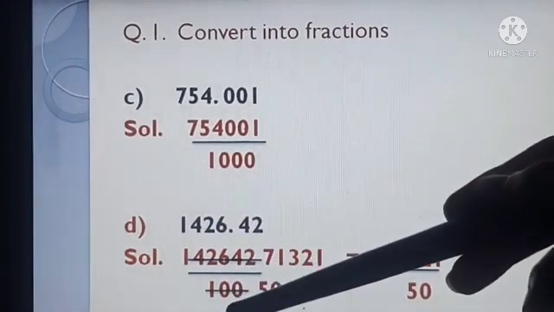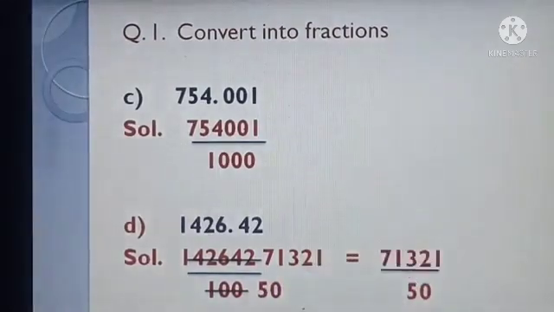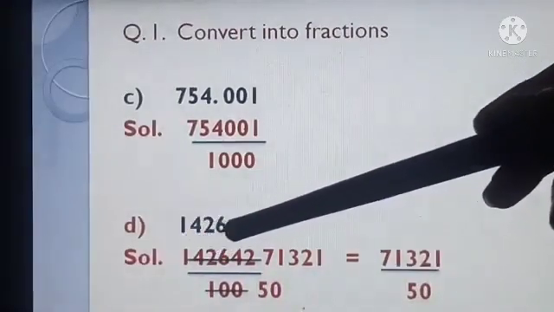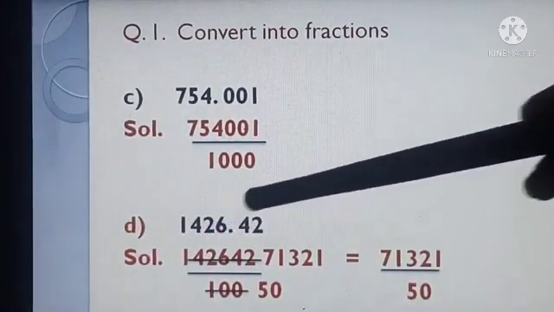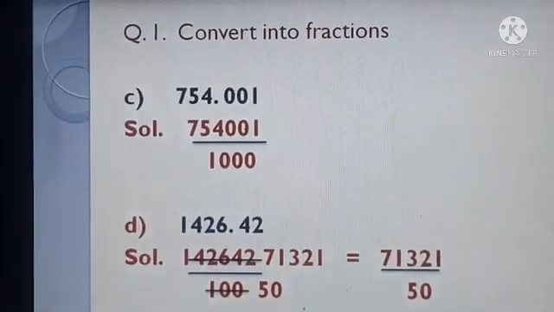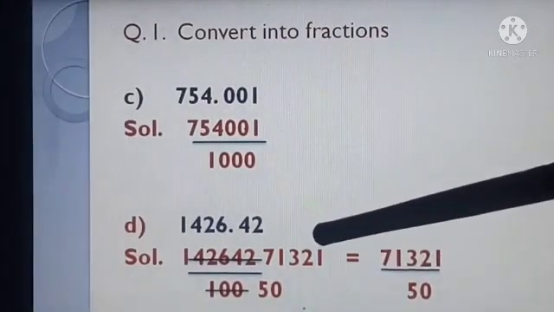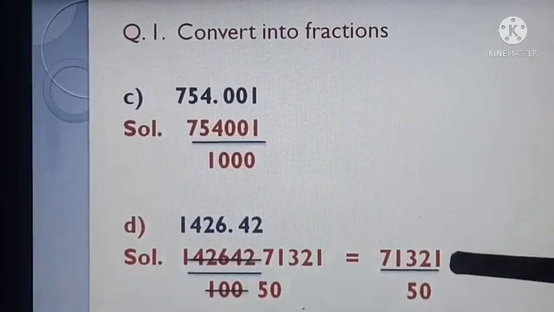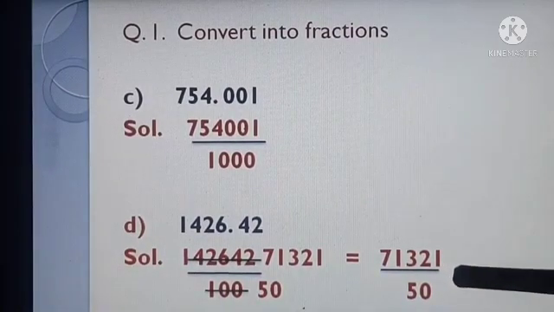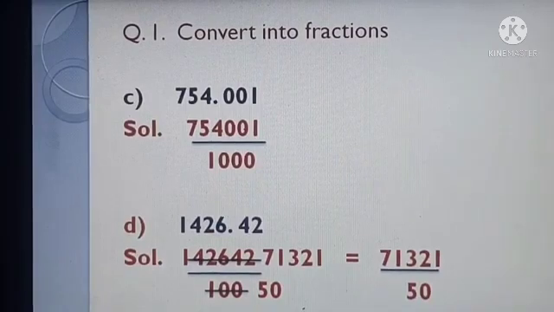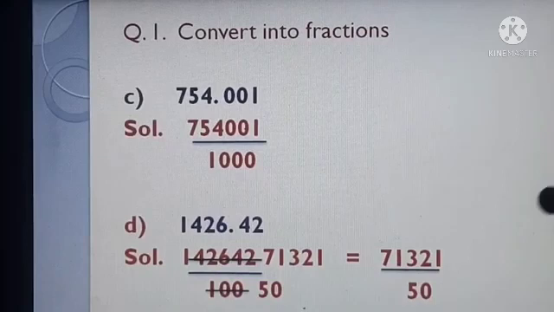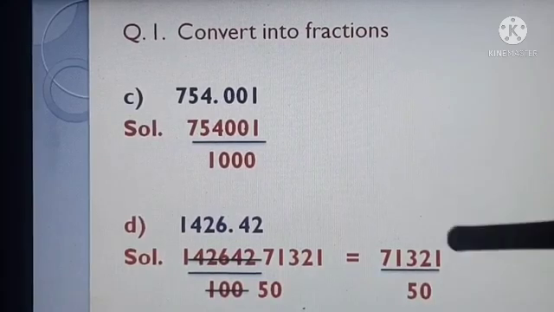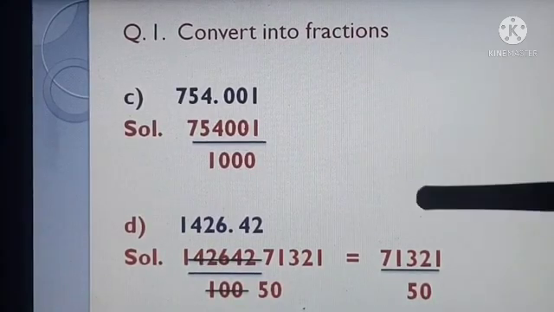When we divide 100 by 2, we get 50, and when 1,42,642 is divided by 2, we get 71,321. So our answer will become 71,321 upon 50. Understood?